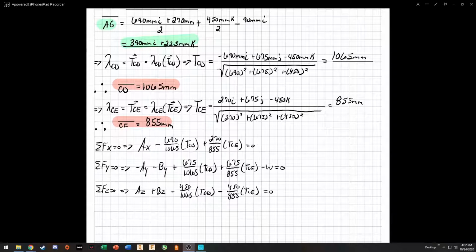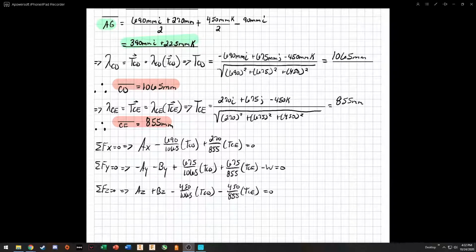Now we can do our sum of forces in the x, y, and z. We get AX minus 690 over 1065 times tension CD plus 270 over 855 times tension CE is equal to 0.